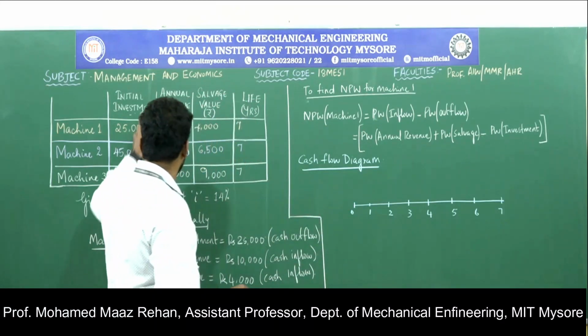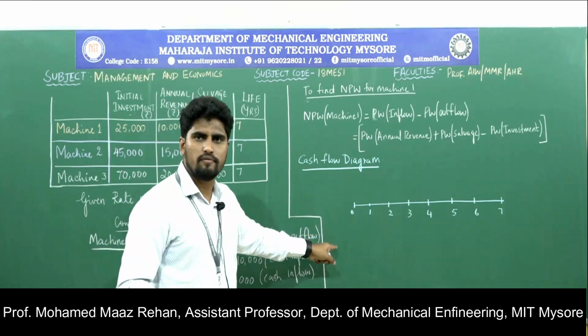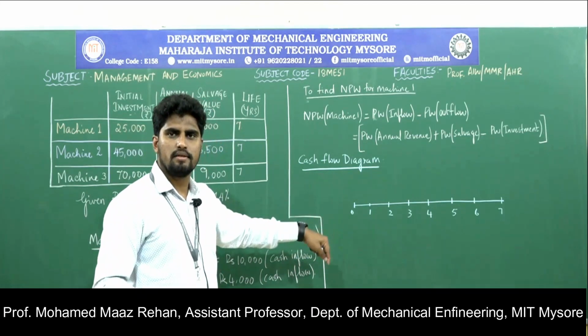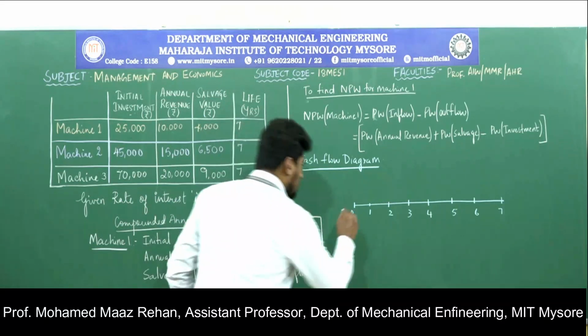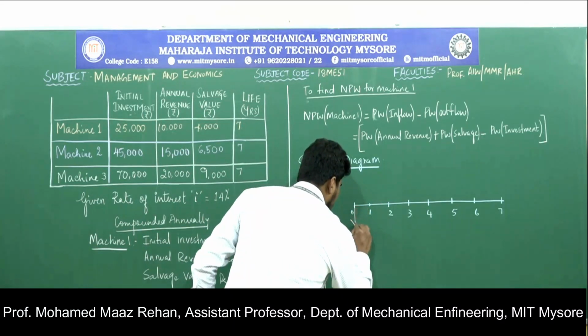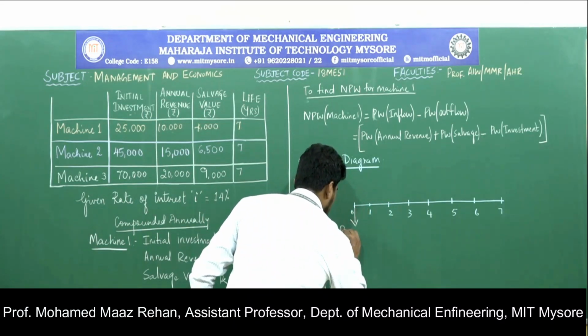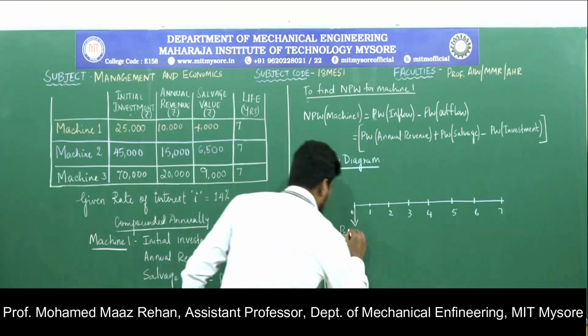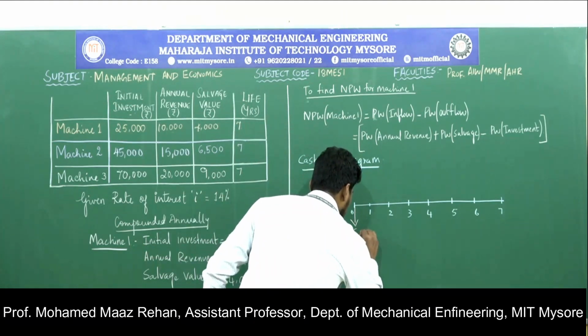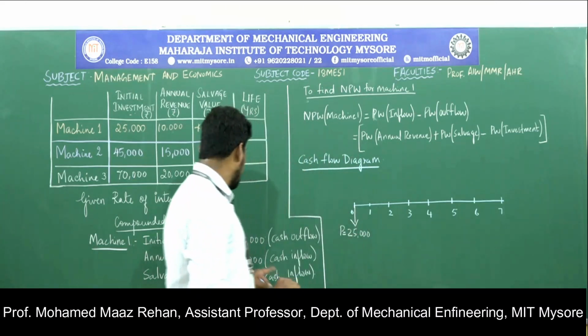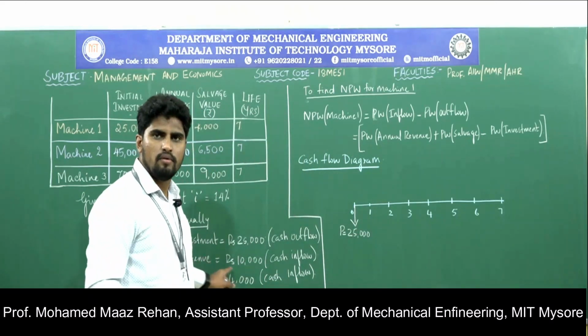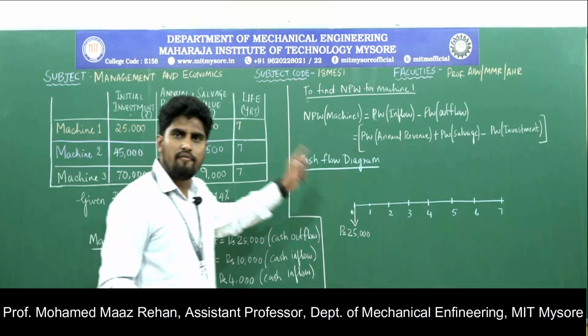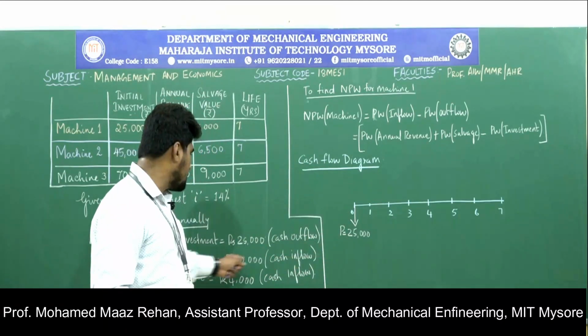Whether it is cash inflow or cash outflow, this is cash outflow. Cash outflow is always indicated as a downward arrow. At this point, he is spending 25,000, correct? Next is annual revenue. Annual revenue is nothing but every interest period he will be generating some amount.